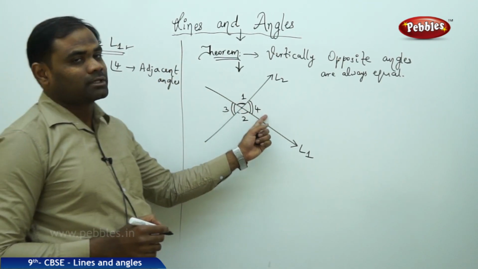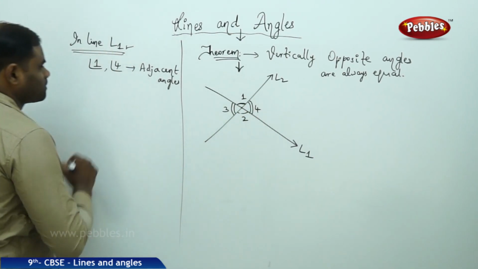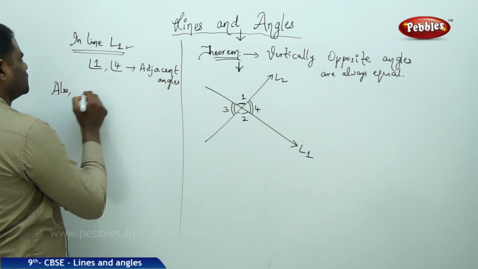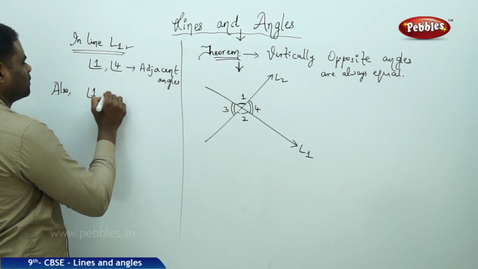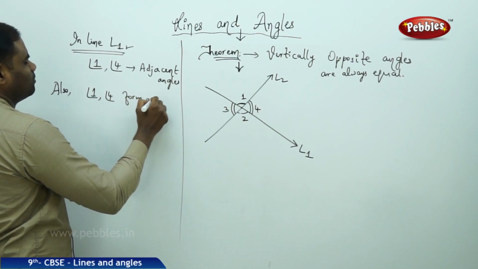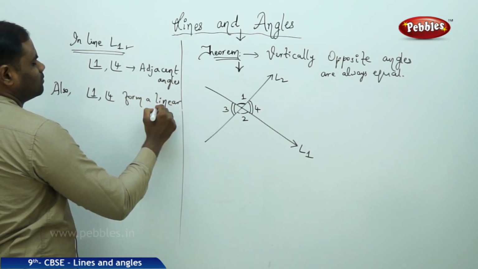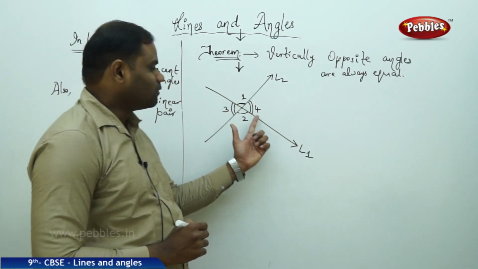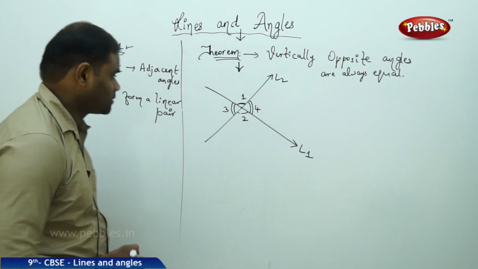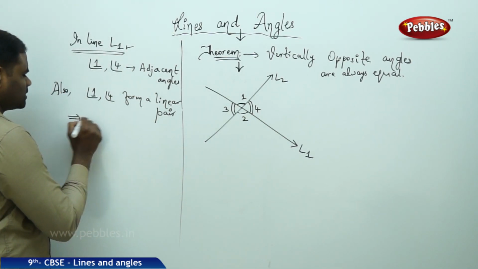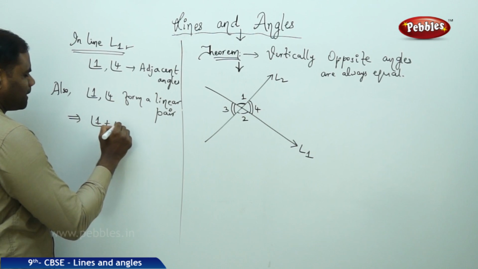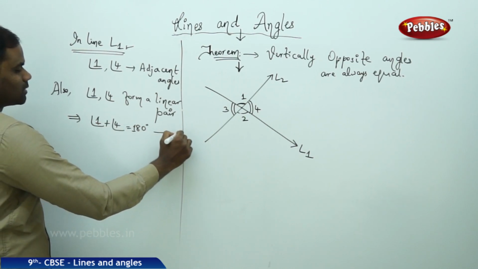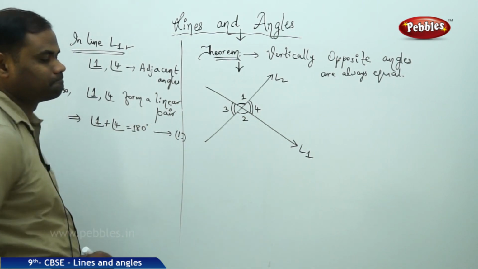Not only are they adjacent, they form a linear pair, and therefore angle 1 plus angle 4 must be equal to 180 degrees. That is how I get the linear property.